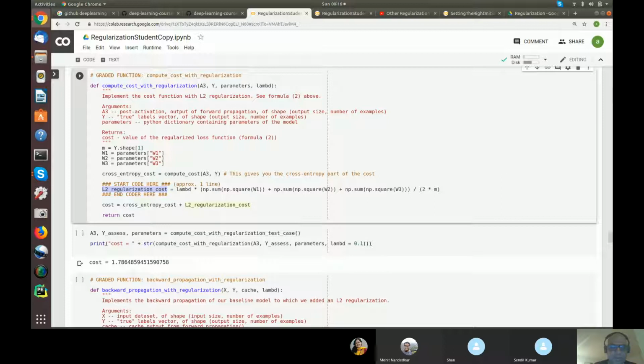And our loss function was cross entropy, which is here. So A3 is the activation function coming out of the final neuron, where we had just one neuron at the end. That was our prediction.